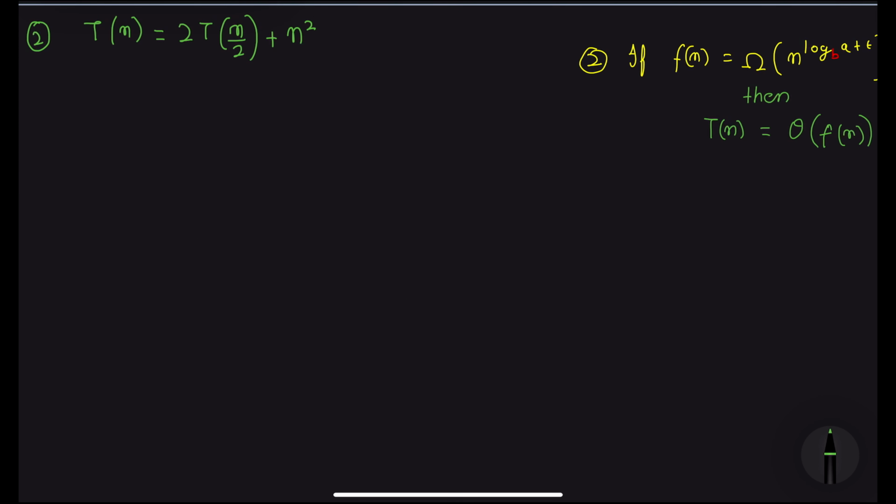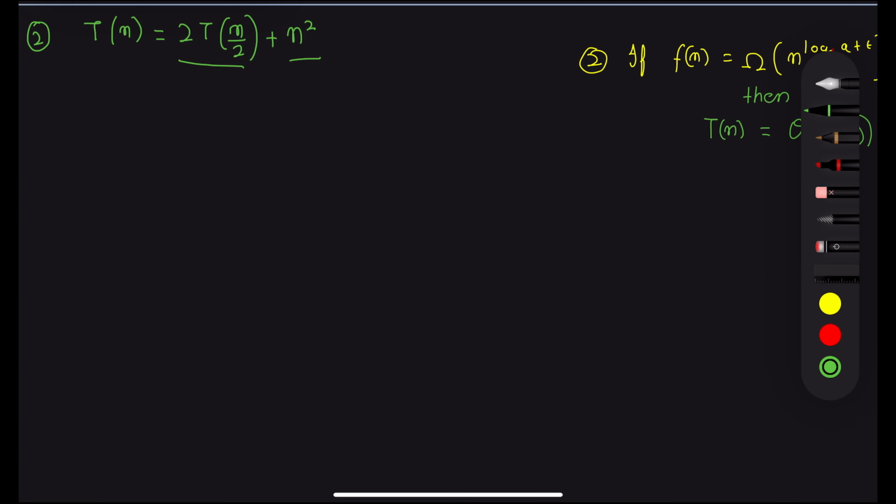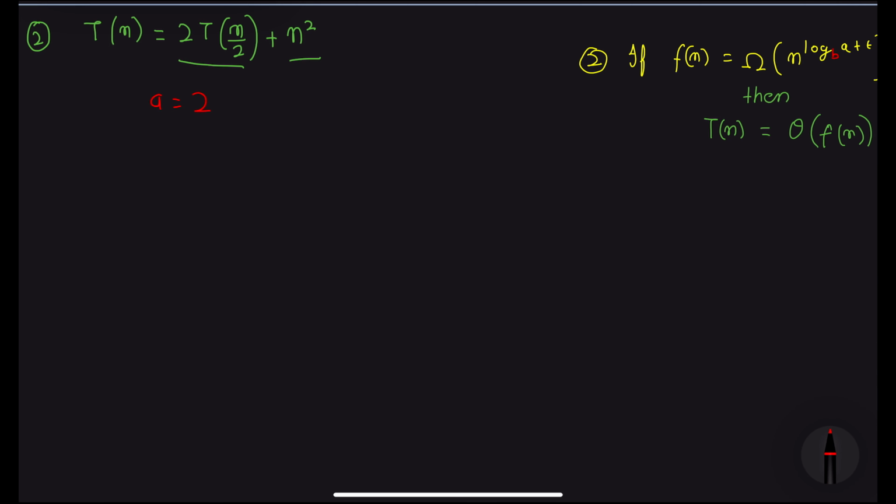Let's see the example. So here we have T(n) equal to 2T(n/2) + n square. If we solve it, we will get the value of a equal to 2, b equal to 2, and f(n) you can see here is n square. And let's also find the value for n raised to the power log base b a.